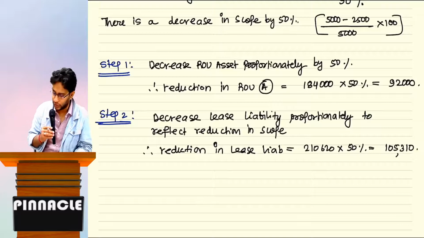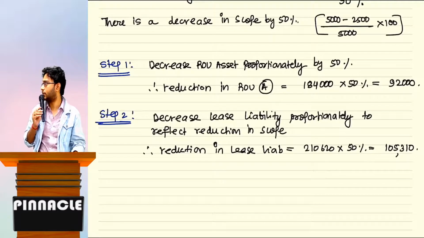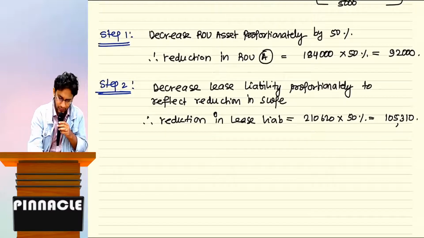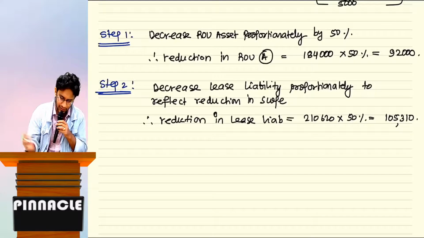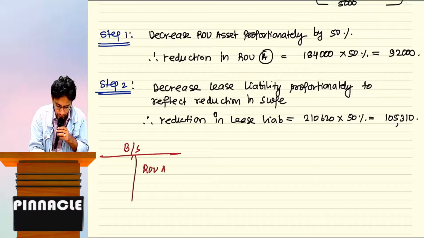Okay, before we move on to step 3, step 2 is important, so understand it once again with clarity. Don't write, or if you want to write, don't disturb your notes; write it somewhere on the side. Sir, in the balance sheet you have ROU asset appearing at 1,84,000.